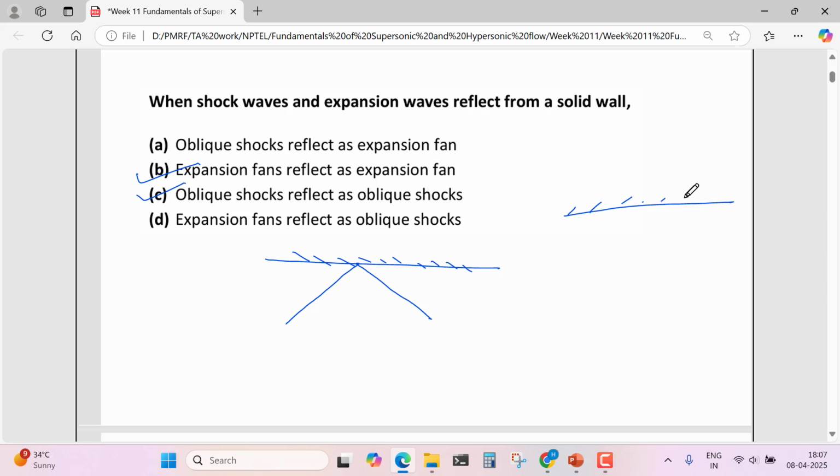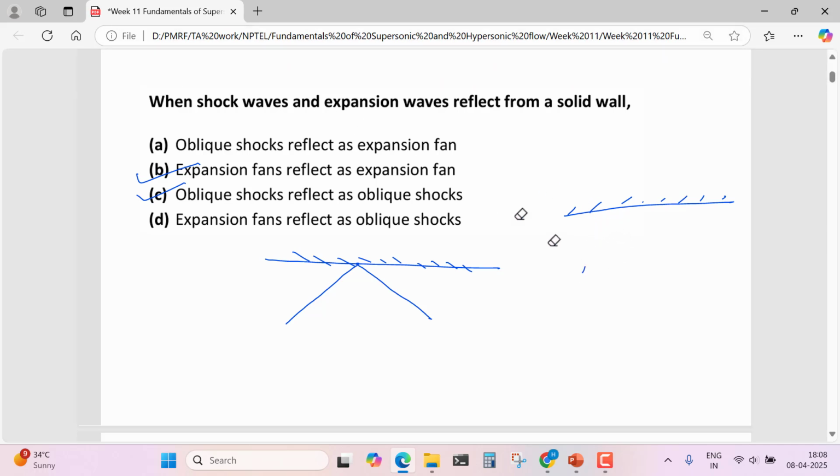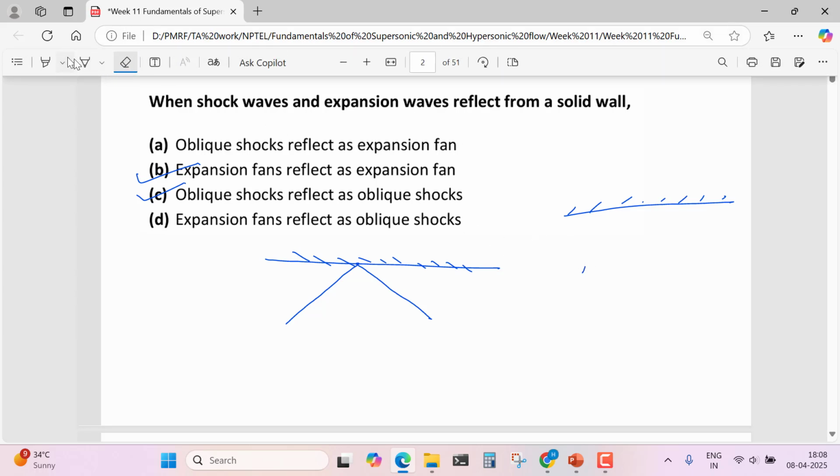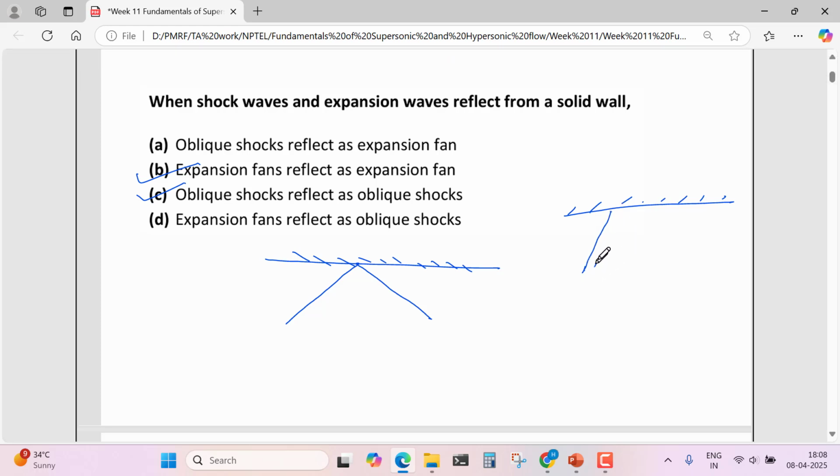And if an expansion fan is reflecting from a wall, it will remain an expansion fan only. So options B and C are correct.